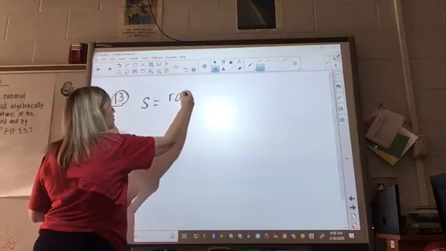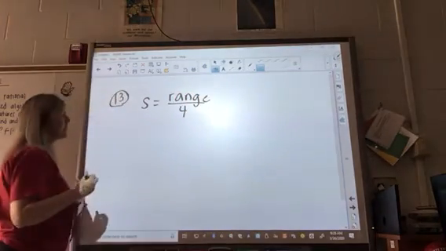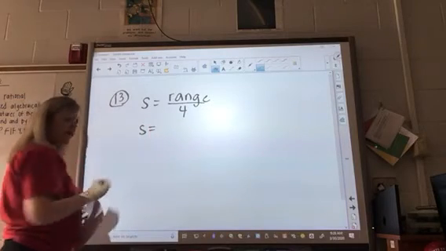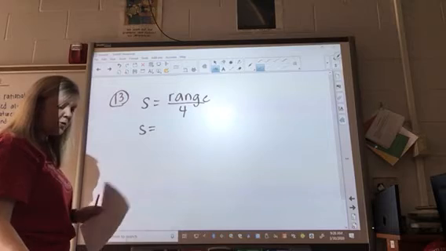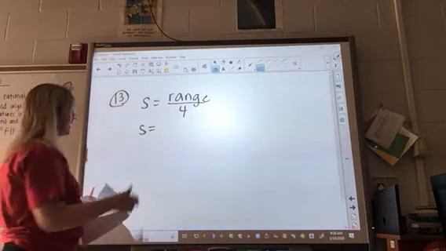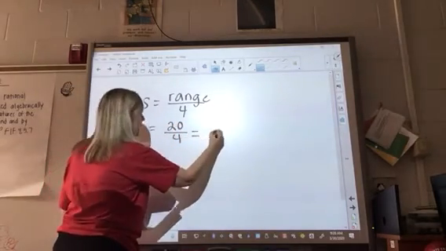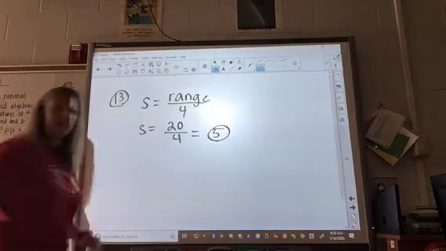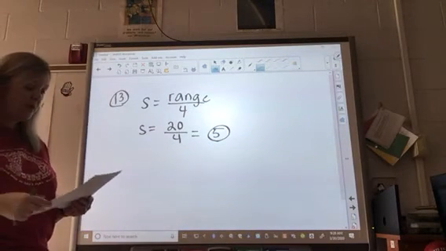Okay, from your PowerPoint, this is the formula. So we'll take the range. To find the range, you'll do largest minus smallest, which is 46 minus 26, divided by 4, that gives me 5. So that's just a quick estimate of the standard deviation.